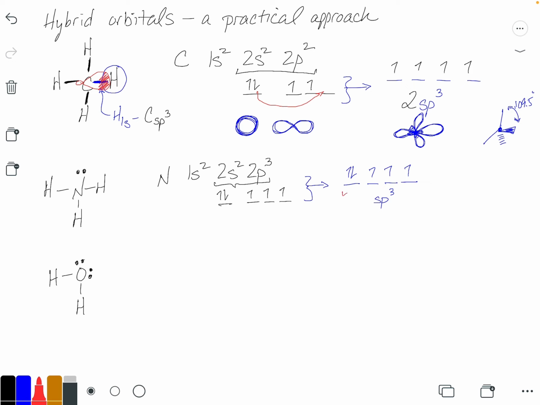I have right here a pair of electrons in an sp3 hybrid orbital. That's that pair right there. And I have 3 singly unpaired electrons in the sp3 hybrid orbitals. That's going to make up 1, 2, 3 bonds in that molecule.